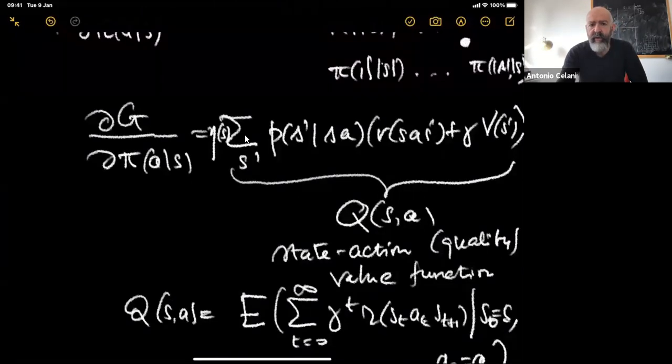So it's just a linear operation to compute the gradient. This also points to the fact that these results produce some algorithms for solving numerically the Bellman equation, and I will tell you about this next lecture.